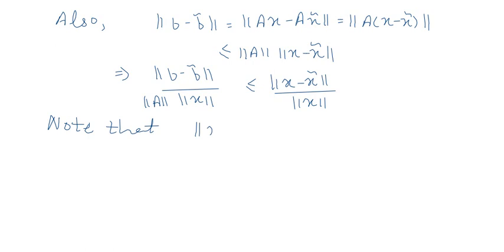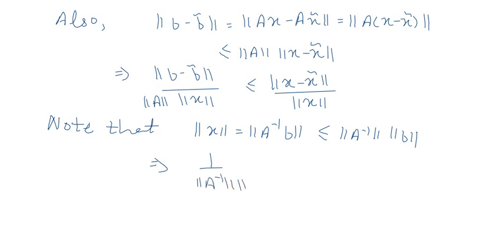Norm of x is equal to norm of A inverse B, that's further less than or equal to norm A inverse times norm of B. So this further implies 1 upon norm of A inverse times norm of B is less than or equal to 1 by norm x.